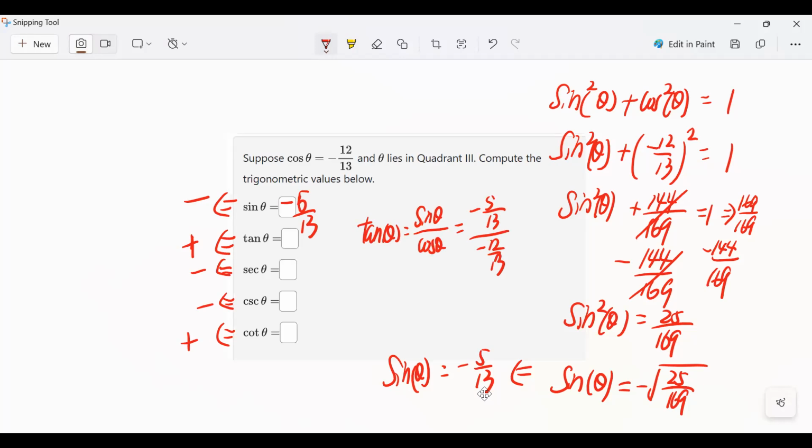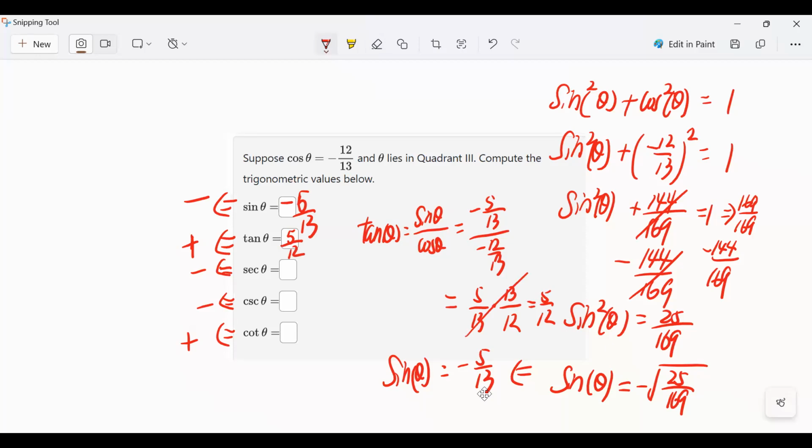When we flip it, we get 5 over 13, negative factor canceled, times 13 over 12. And here we cancel 13, so we end up with 5 over 12.